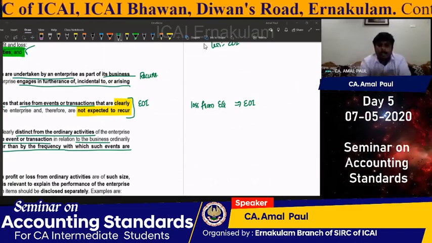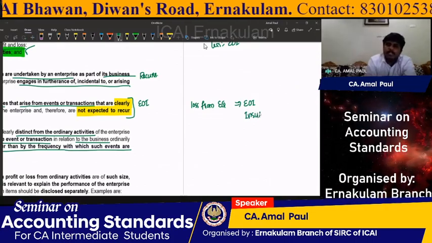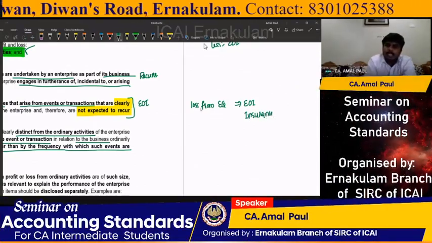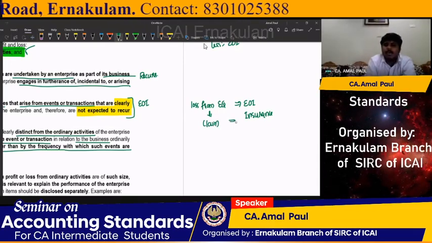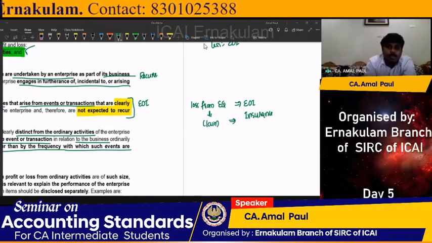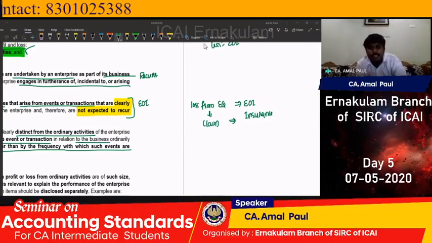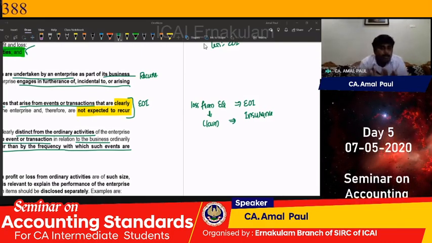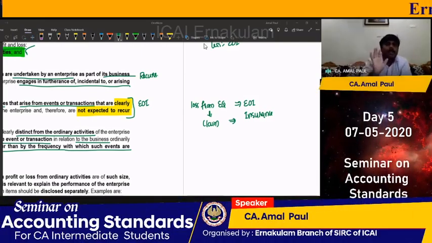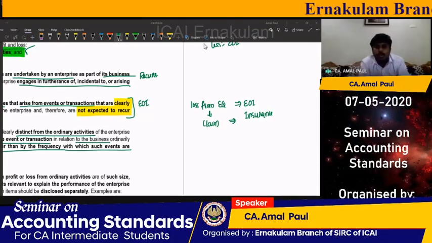But for an insurance company, the claim submitted for loss will be in their ordinary course, because their business is providing insurance. Claim processing is their ordinary course of business. So based on the nature of the enterprise, we have to consider whether it is an extraordinary item or an ordinary item.